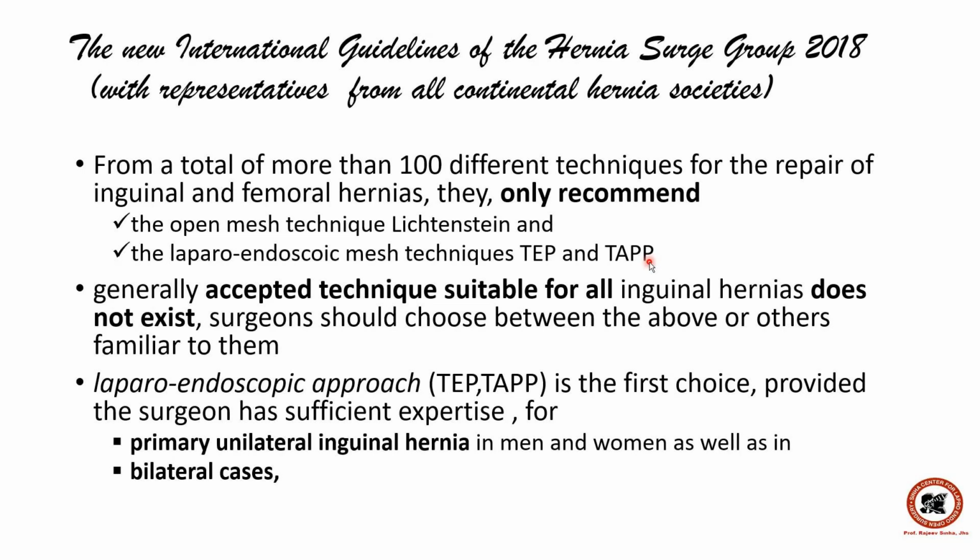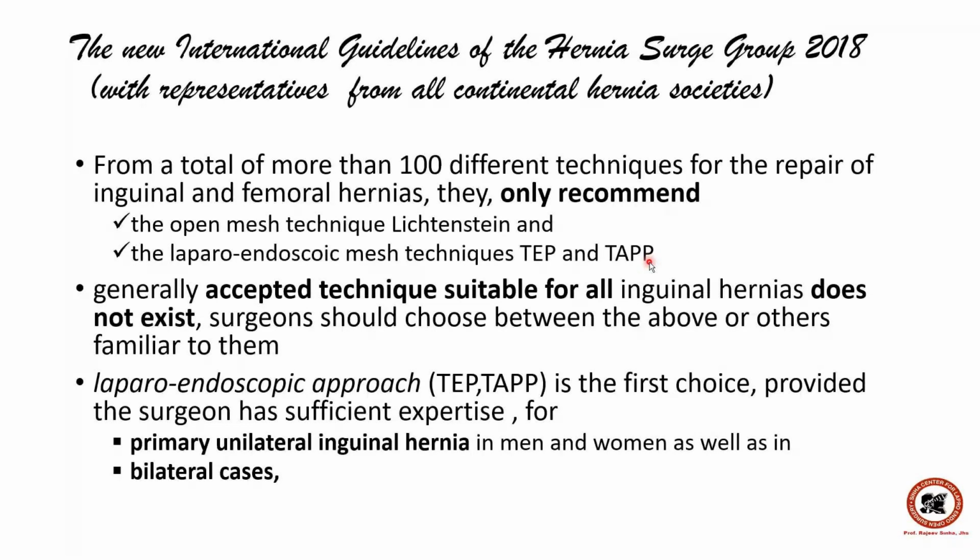Remember that. That's very important. It has to be tailored on two very important things. Number one, the presentation of the patient, and number two, more important, the surgeon who's doing it. So, the repair to be selected is not universally the same. It varies from patient to patient. It varies from surgeon to surgeon.